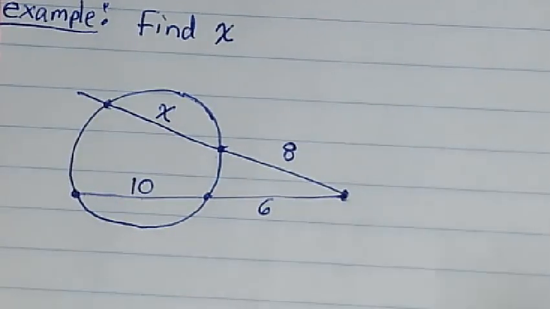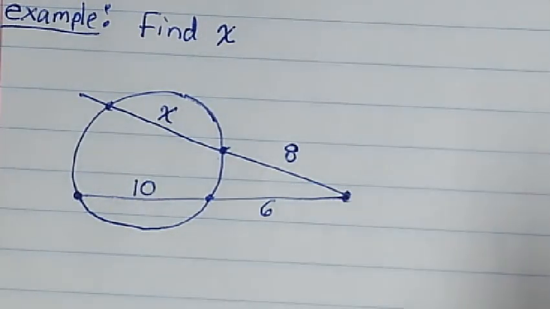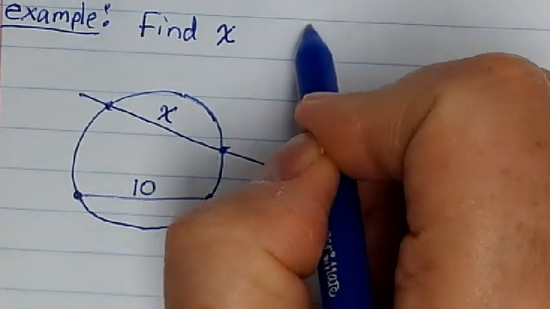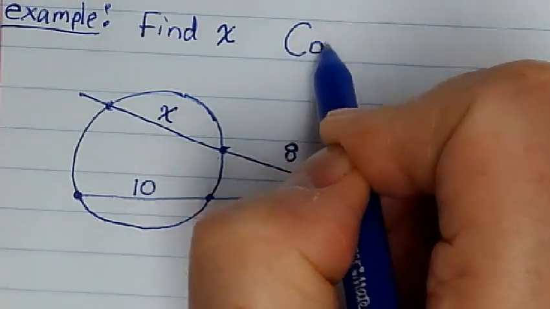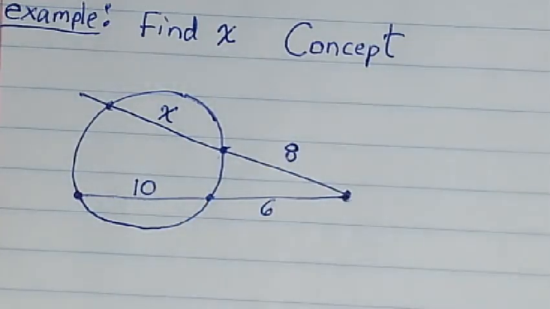Now, you take note. Embedded in this lesson is the concept that you'll use. And if you don't know the concept, you can't do any of the problems. So I'm going to give you the concept. Then I'll explain the concept so you don't freak out.